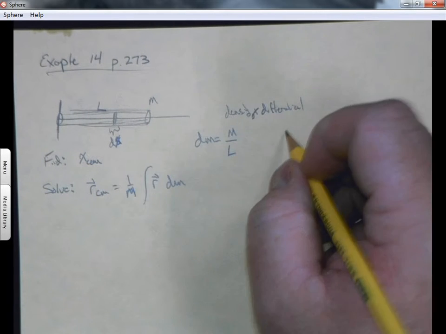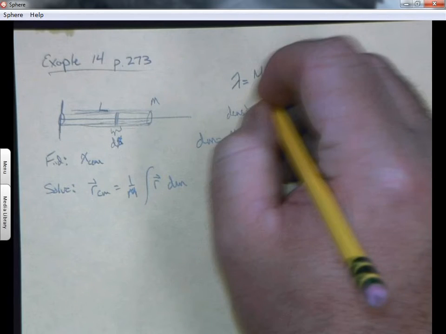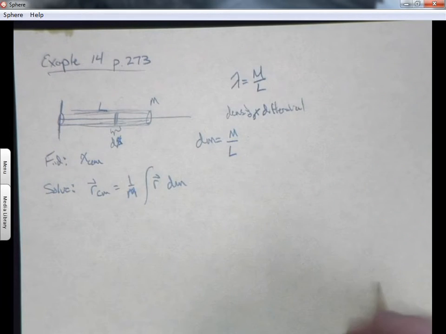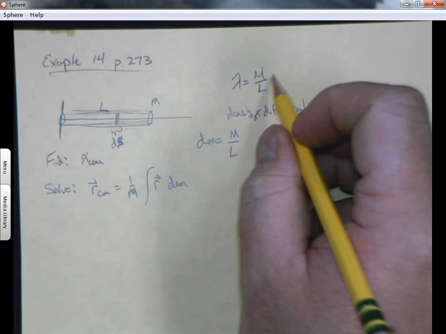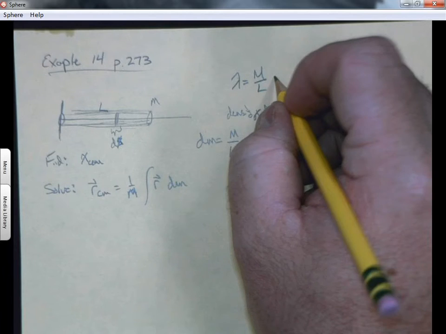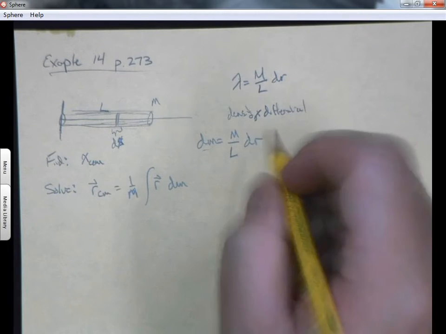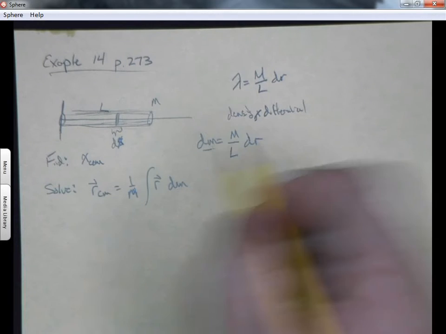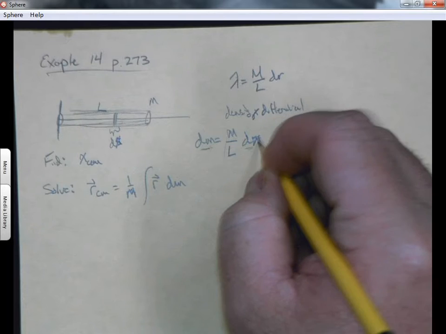Our lambda, the linear density, is big M over L, and so if we multiply our lambda times a teeny tiny bit of length, which would be dx, that's going to equal our dm. So our teeny tiny bit of mass equals our density times our teeny tiny bit of length, dx.